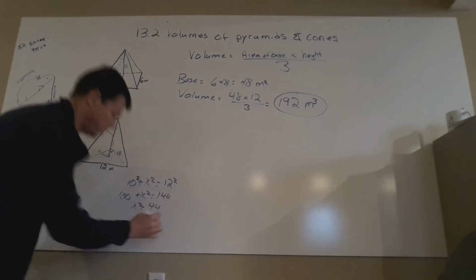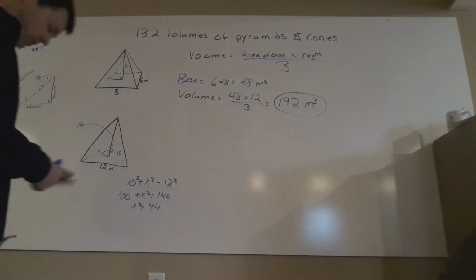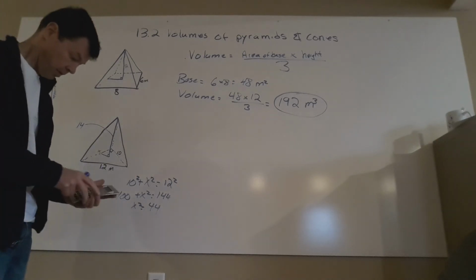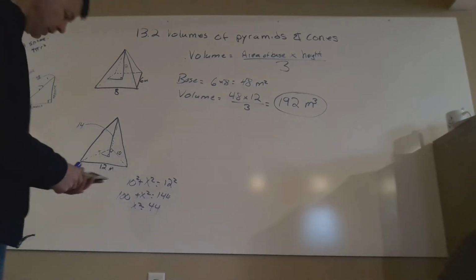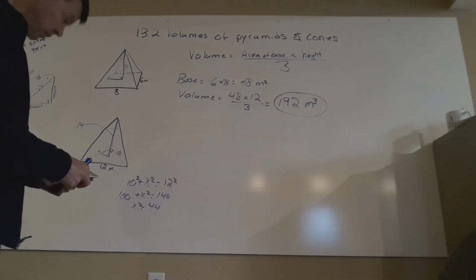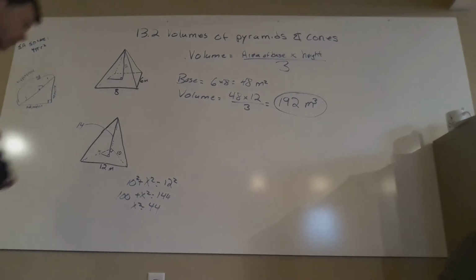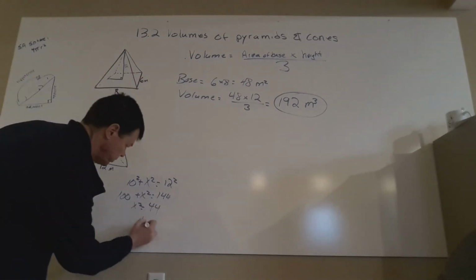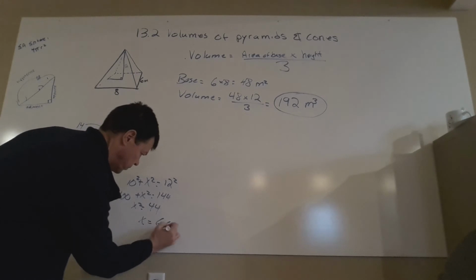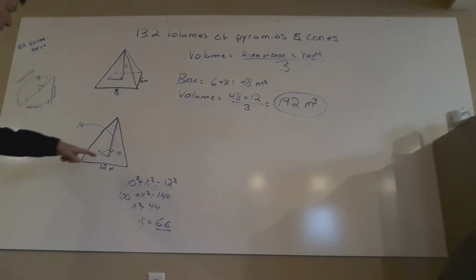Take the square root of 44. You're looking at around 6.6. I needed 6.6 to calculate the area of the base.